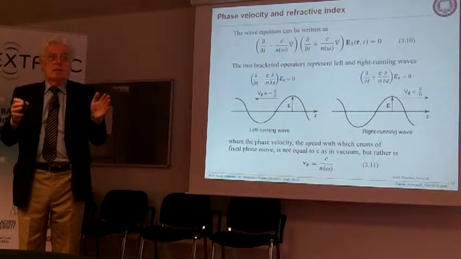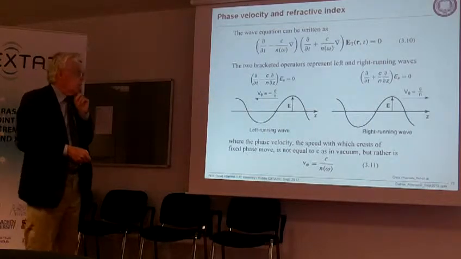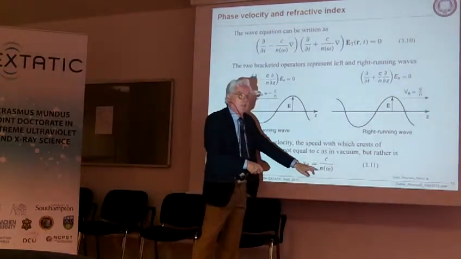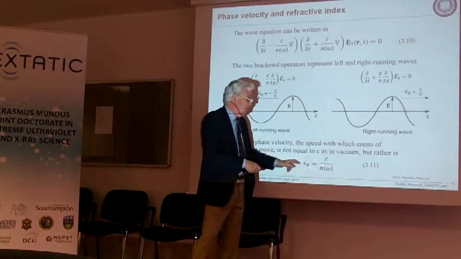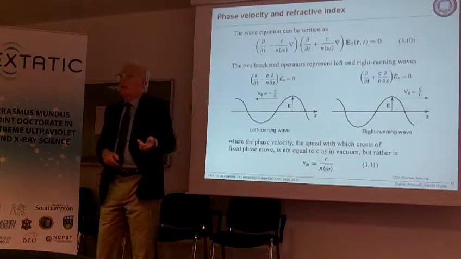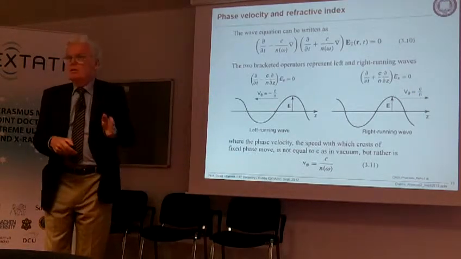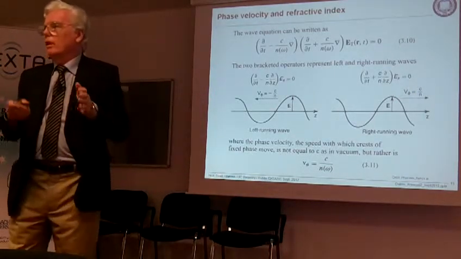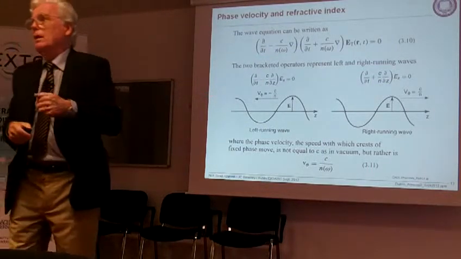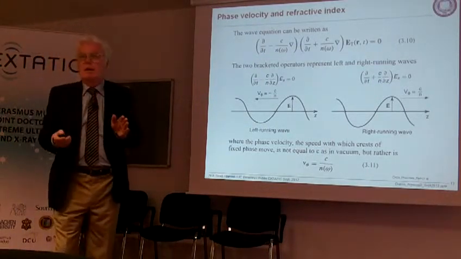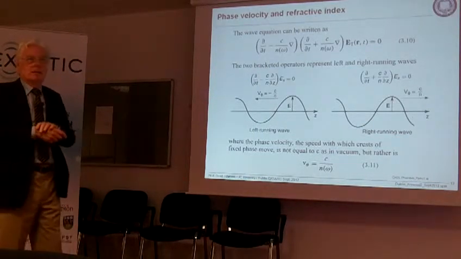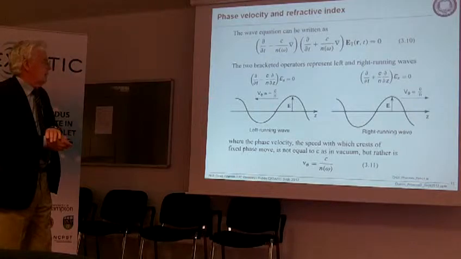Not just in a vacuum, but in the medium. And so even though we will have a refractive index a little bit less than unity, so that the phase velocity will be a little bit greater than the speed of light, it's the phase velocity. It doesn't carry information. It's the group velocity of many waves with some modulation that carries information. And so we're not violating any of Einstein's principles, and he's not worried that we're getting into bad territory here. Okay.